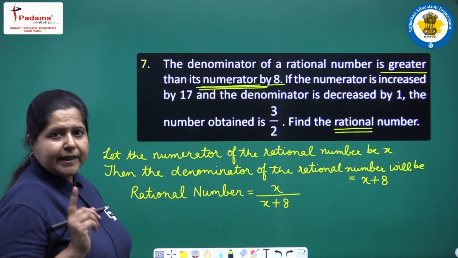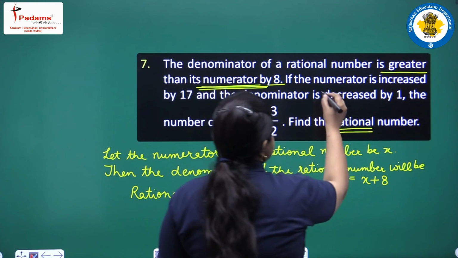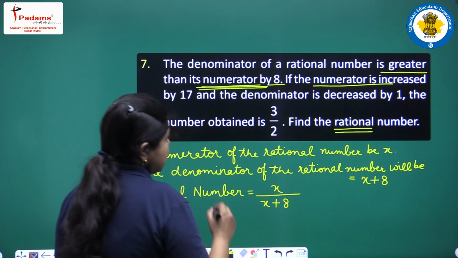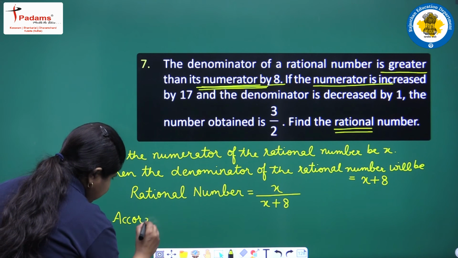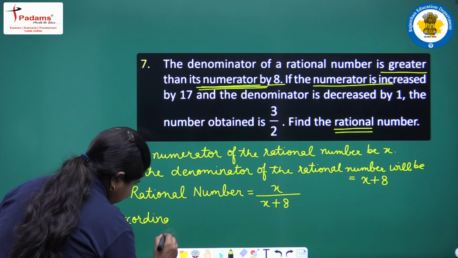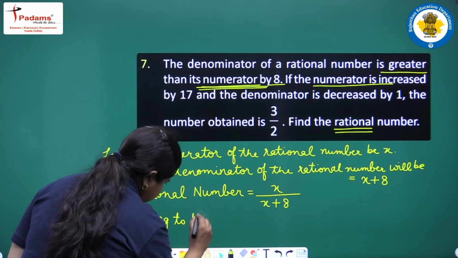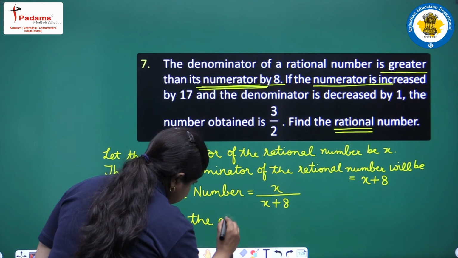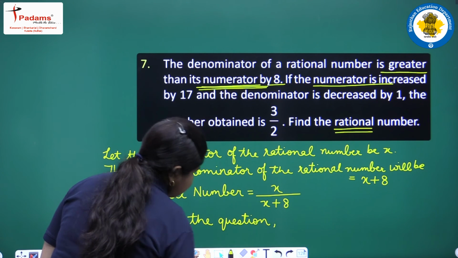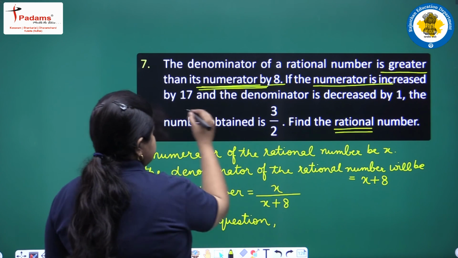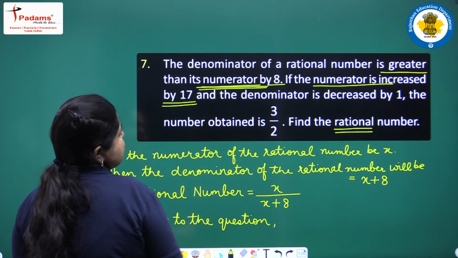Now, we will form the equation according to this condition given in the question. Let us write first, according to the question, numerator is increased by 17.